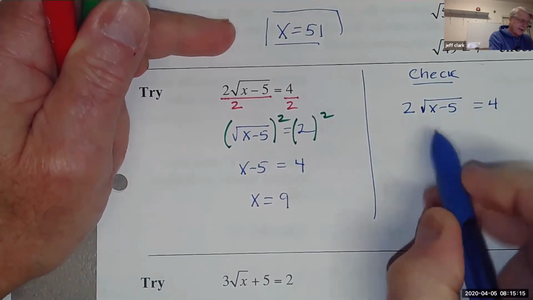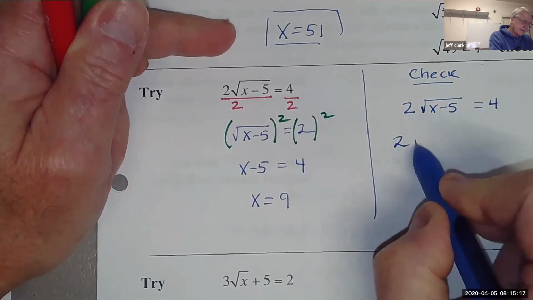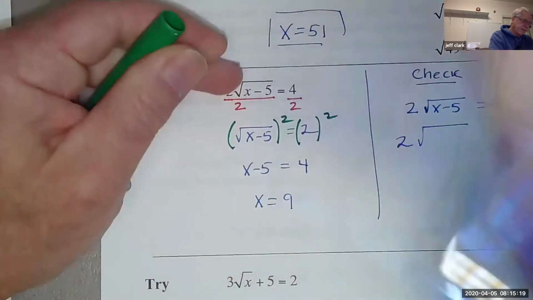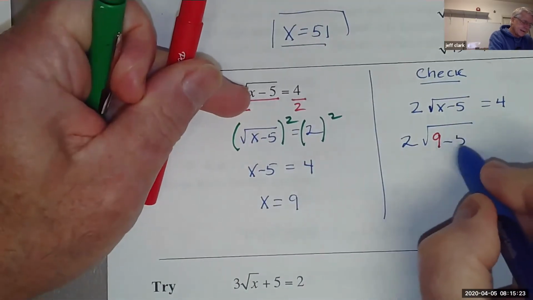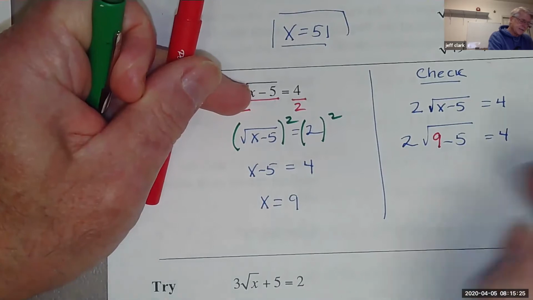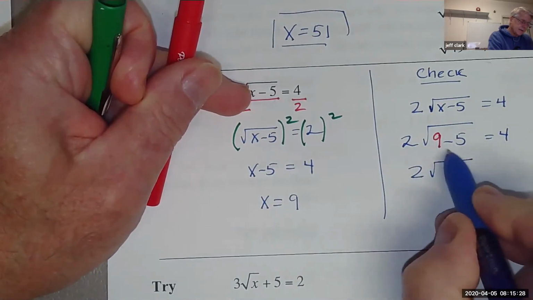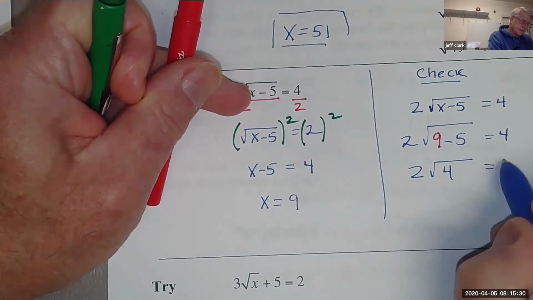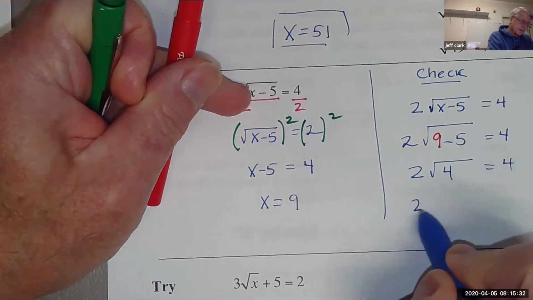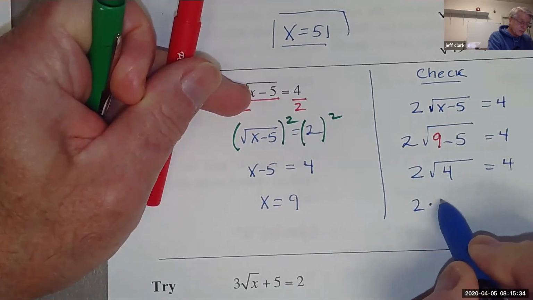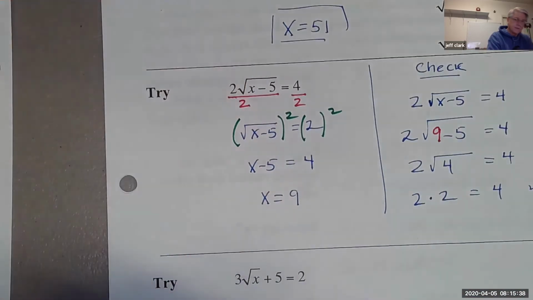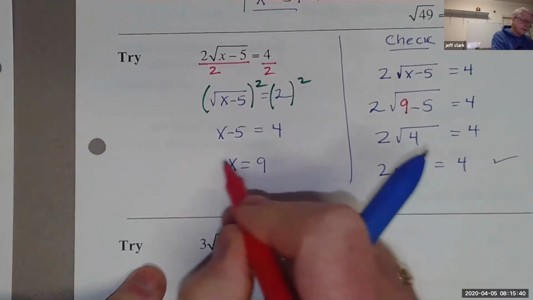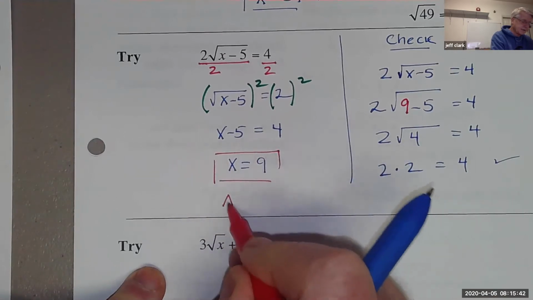Replace x with 9 and see if it works. 9 minus 5 is 4. 2 times root 4 is 2. Check. That indicates this is your answer.